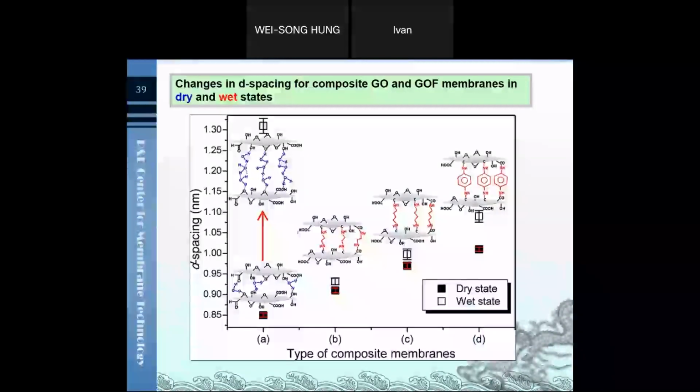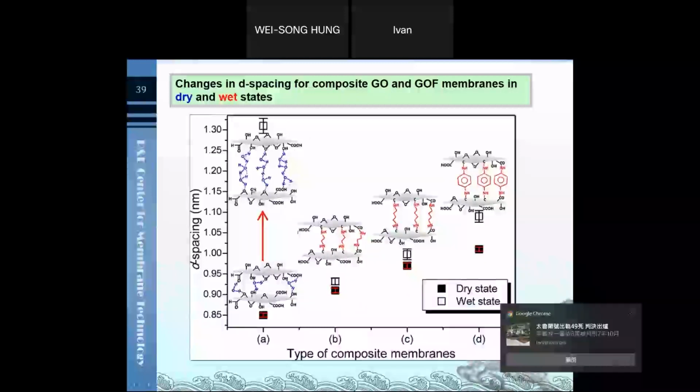So this slide is really important. Here we point out that for the unmodified graphene oxide layer, when we immerse the graphene oxide in water, the water molecules will penetrate between the graphene oxide layers, and the thickness will swell and the D-spacing will increase.